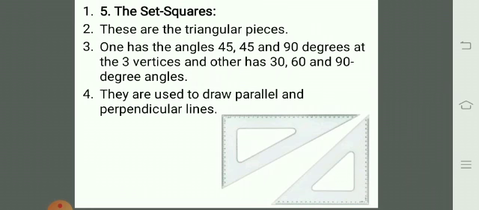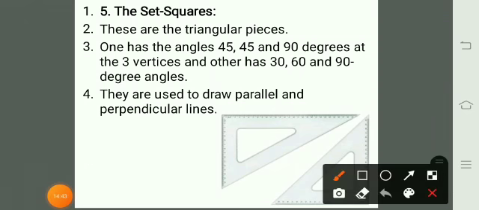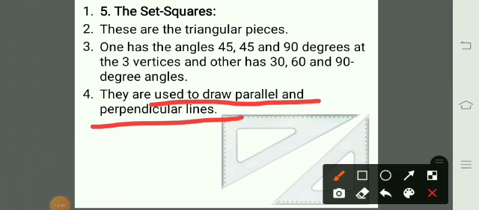One has 45, 45 and 90 degree angles, and the second has 30, 60 and 90 degree angles. And what is the use of the set square? They are used to draw parallel and perpendicular lines.